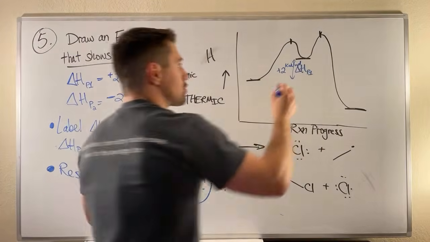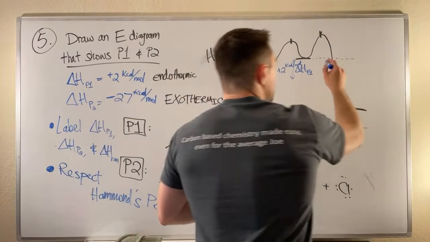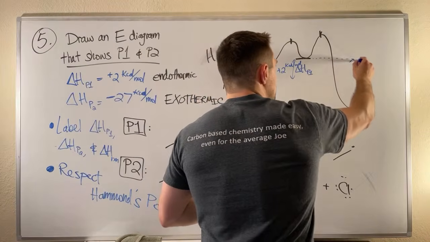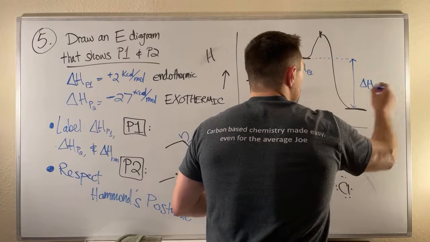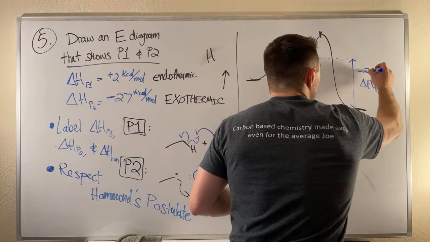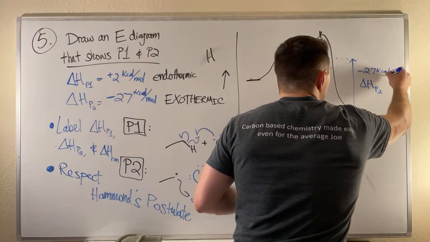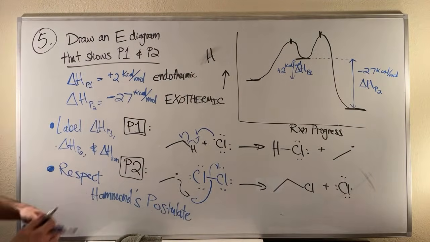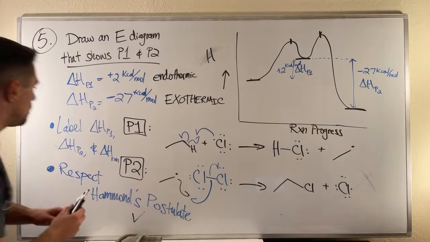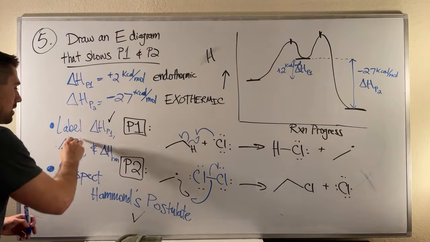And what I know for sure is from end to beginning, this distance right here is my delta H P2. So this is the negative 27 kcals per mole. So we've respected Hammond's postulate. This part's done. We've labeled delta H P1 and delta H P2.